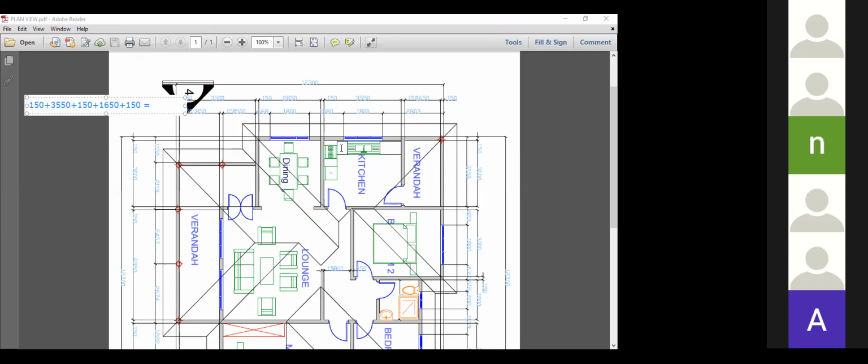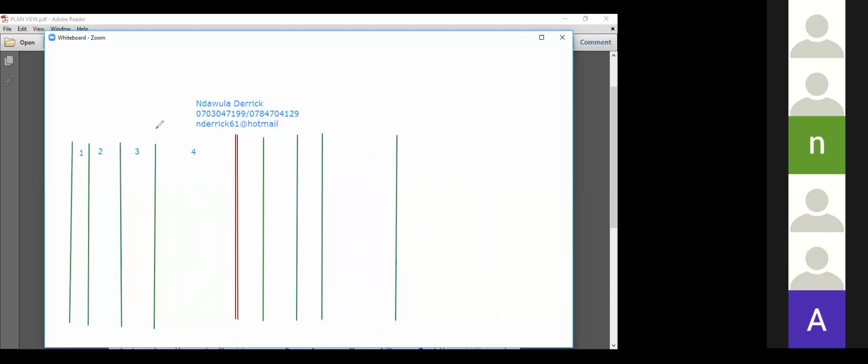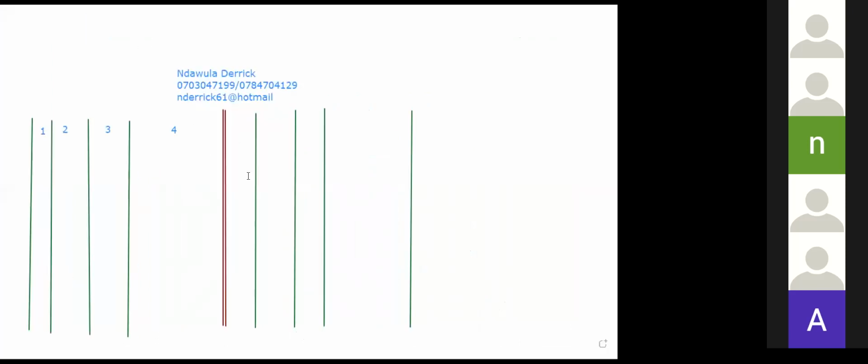So I'll take that same example and operate with it here. 3550, then 1650, then 150. Somebody is saying it's 650, not 1650. Yeah, actually, that's an error. The 0 is sitting on the 1, but it is 1650. Then I put the total.